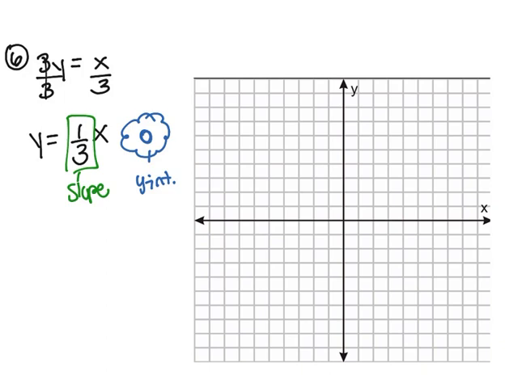So we're going to put our first point in the middle at 0. And then from that point, we're going to go up 1 line and over 3. 1, 2, 3 lines. We're going to go up 1 line and over 3. 1, 2, 3.